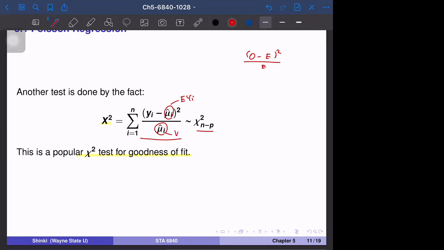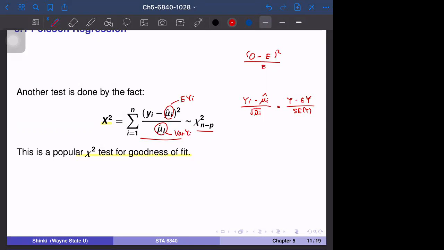So you can see this is the variance, and the numerator is squared. So you can see that y i minus mu i hat divided by the square root of mu i hat. So this is actually y minus the expectation of y divided by the standard error of y. So this is standardized.